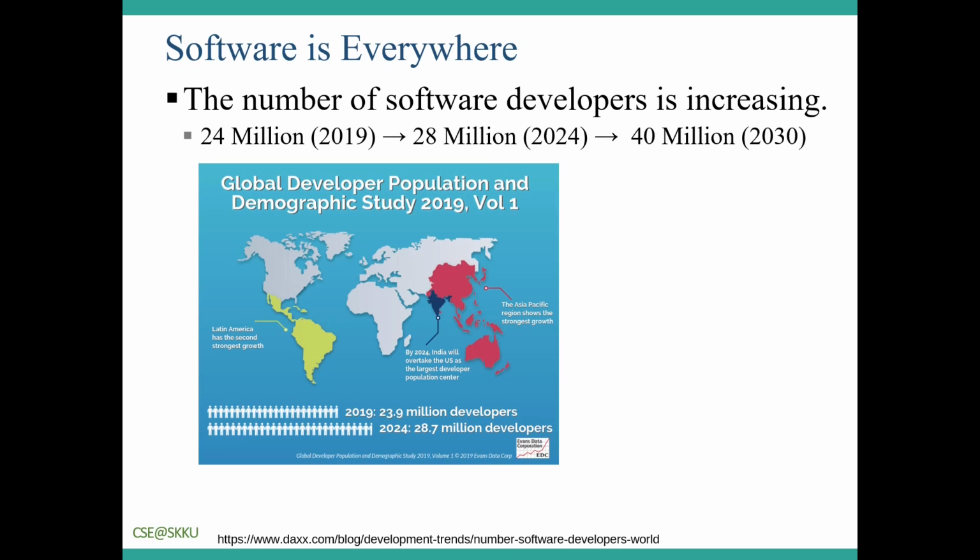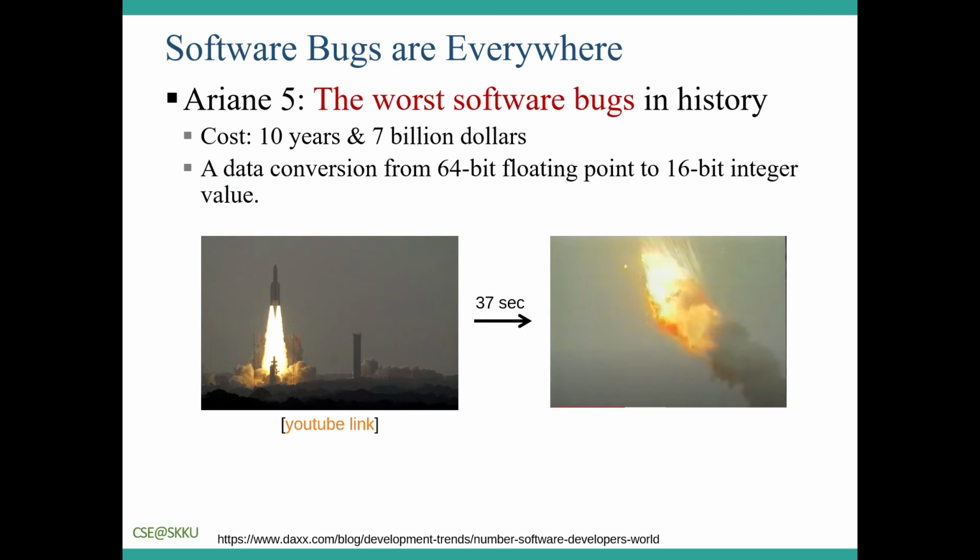That number is projected to grow to 28 million by 2024 and reach 4 million by 2030. So, in other words, the first key point is this: software is everywhere. And unfortunately, just like software is everywhere, software bugs are also everywhere.